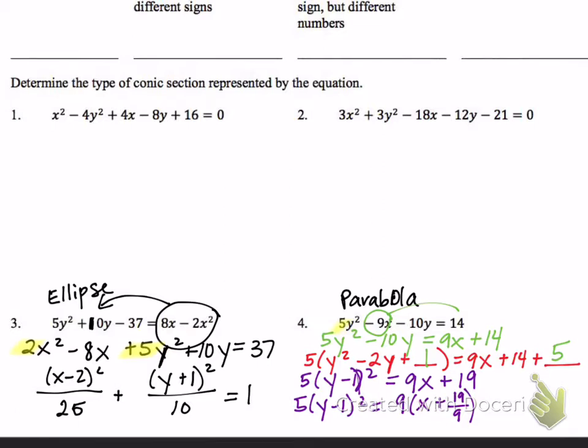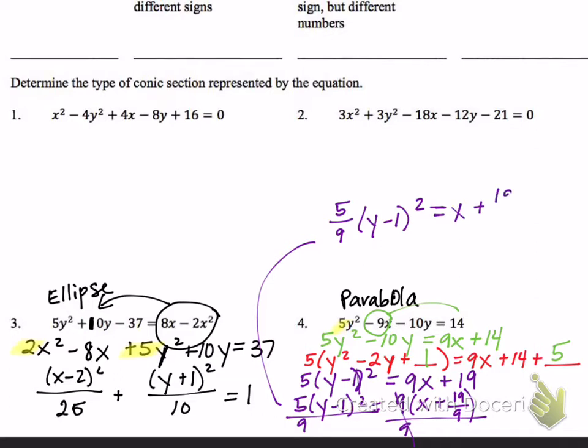No, that one wouldn't be squared. Then I divide by 9 because I want to get this 9 over to the other side. My final answer would be 5 over 9 times y minus 1 squared equals x plus 19 over 9.